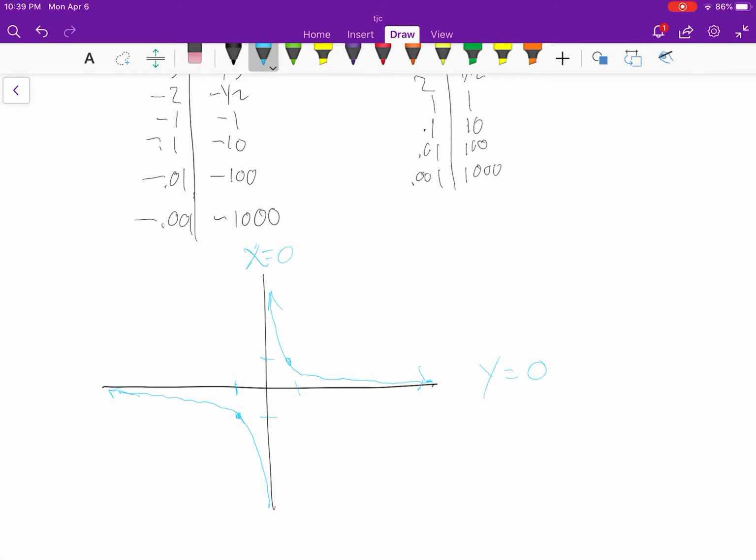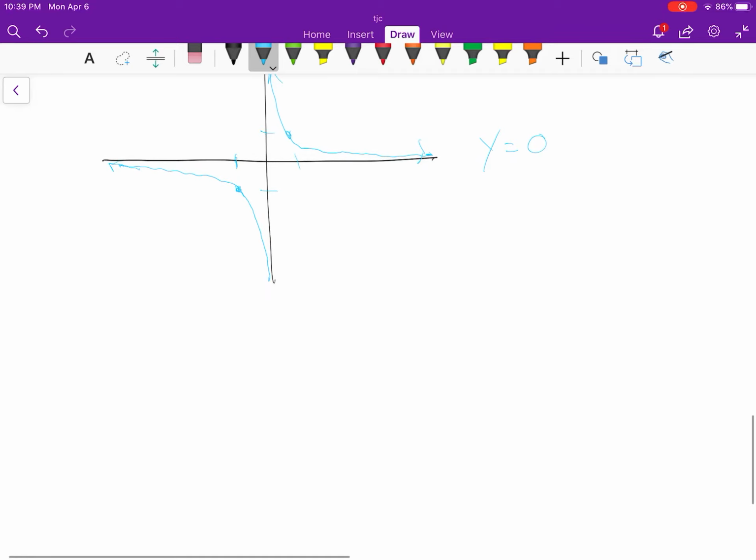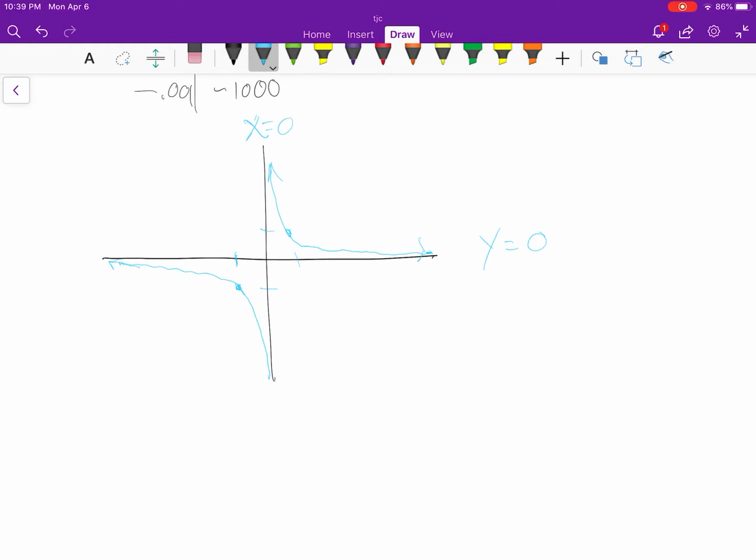Okay, and this is called asymptotic behavior. Asymptotic behavior is where as you spin off to infinity or as you approach a number, you either go to infinity or go to some constant. We'll talk about two different types of asymptotic behavior here. One is horizontal asymptotic behavior, which in this example is y equals 0.